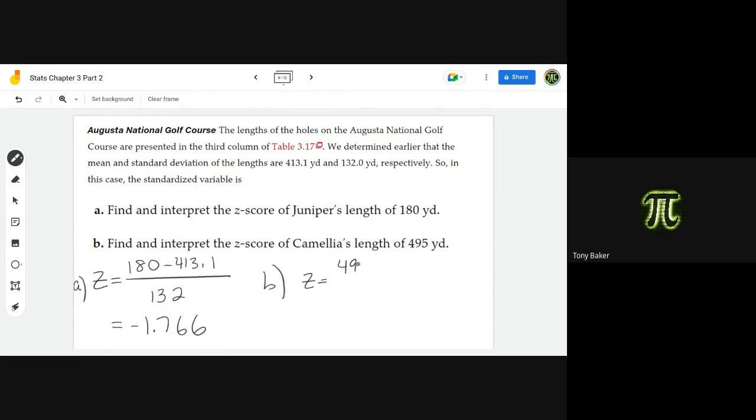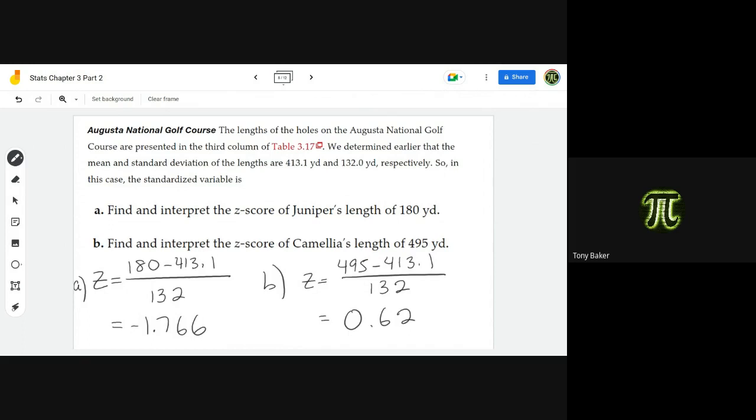So we're going to do the 495 minus 413.1 over the 132. What do we get? Here. All right.